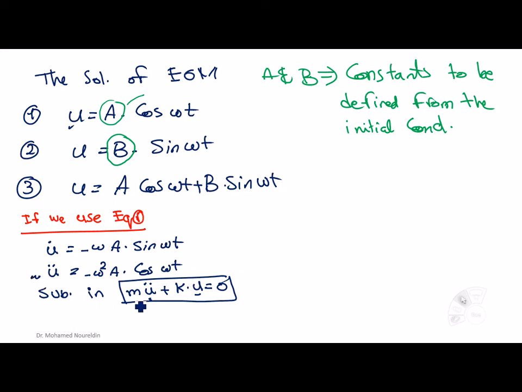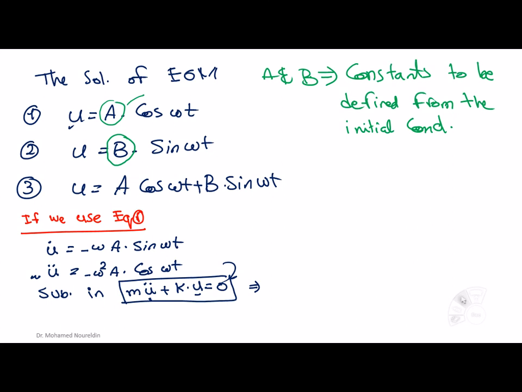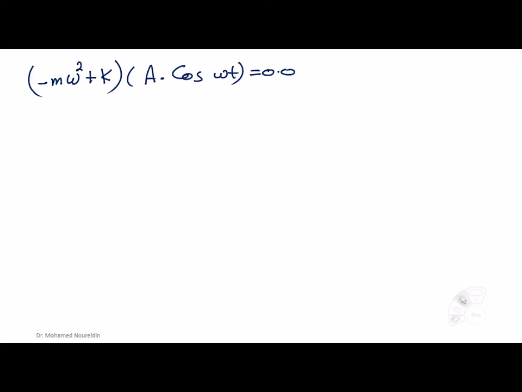If we put u and u double dot in this equation, and take a common factor, substitute and rearrange, we are going to find that our system is going to be minus m omega squared plus k, multiplied by a cosine omega t, and this would equal 0.